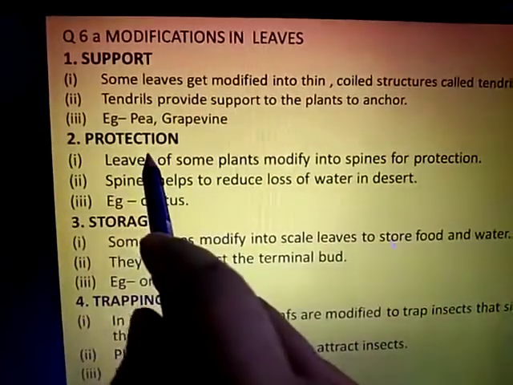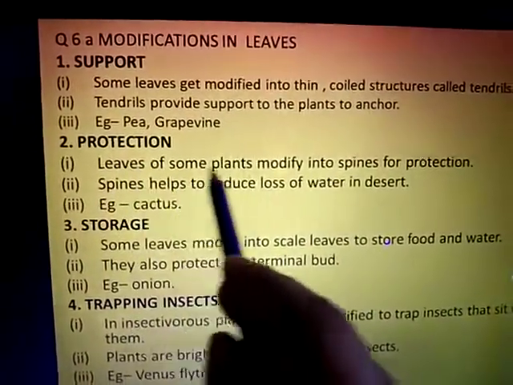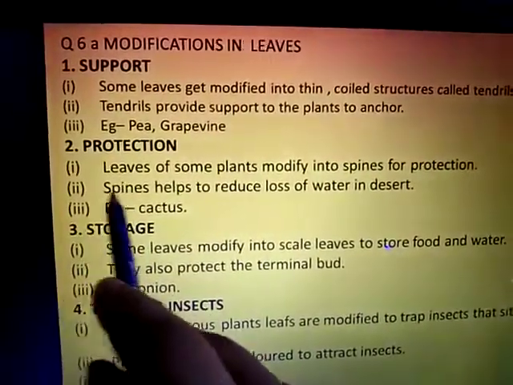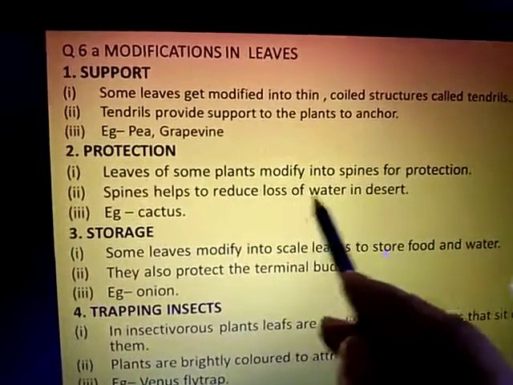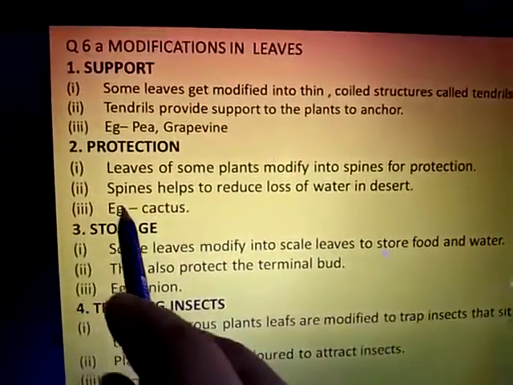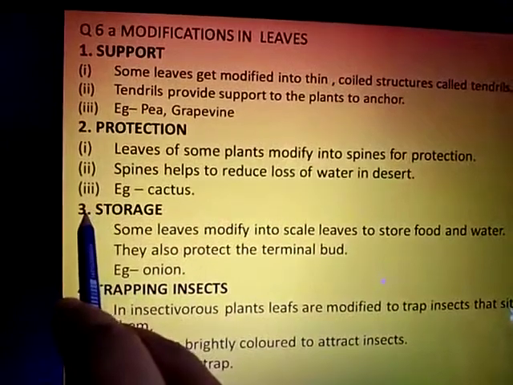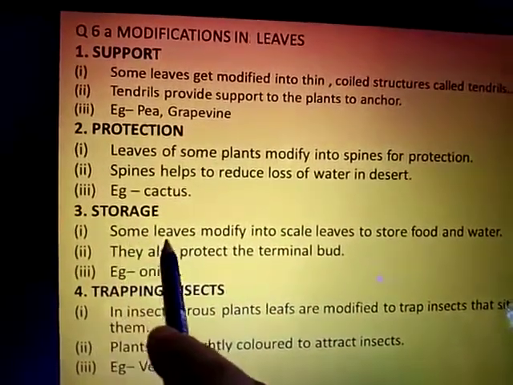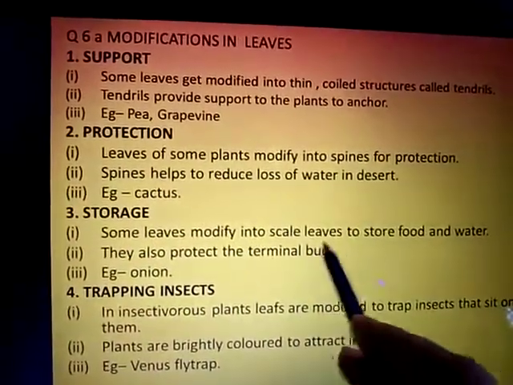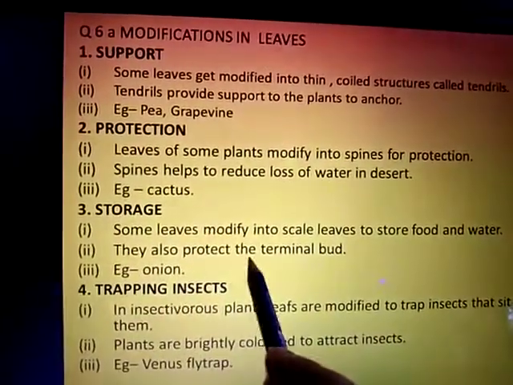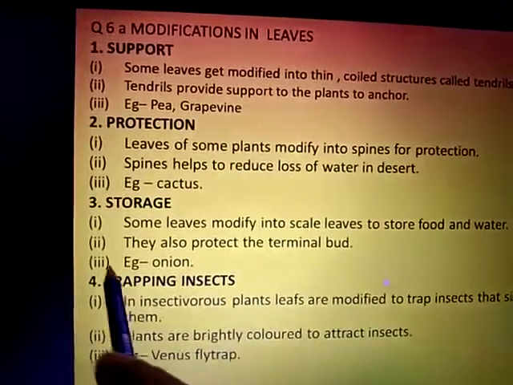Number 2, protection. Leaves of some plants modify into spines for protection. Spines help to reduce the loss of water in desert. Example, cactus. Number 3, storage. Some leaves modify into scale leaves to store food and water. They also protect the terminal bud.